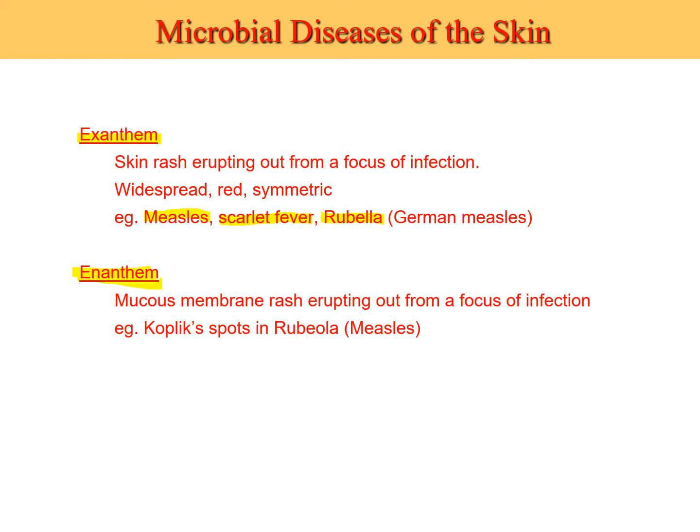In terms of internal mucosal membrane rashes that can be observed in the throat with measles, you get a characteristic sign of measles, which is Koplik's spots. Measles is called rubeola, and German measles is called rubella. These are two completely different viral diseases or infections.